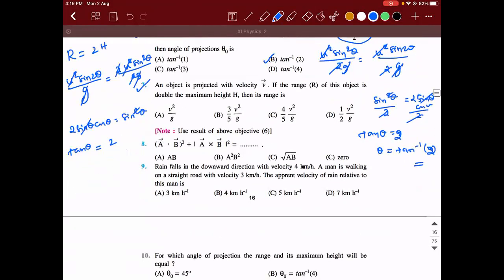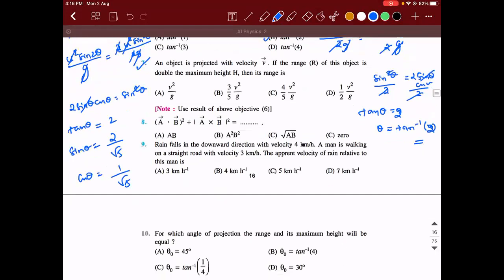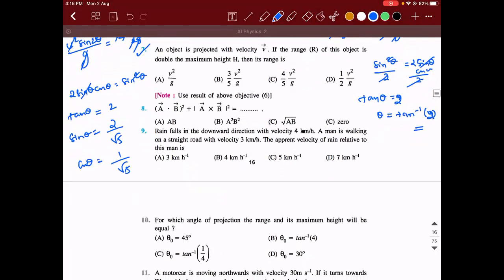When tan theta is 2, how much will sine theta be? Sine theta will be 2 divided by root 5 and cos theta will be 1 divided by root 5. I hope you guys know how to find this, right? When tan theta is 2, you know how to find the other trigonometric ratios.